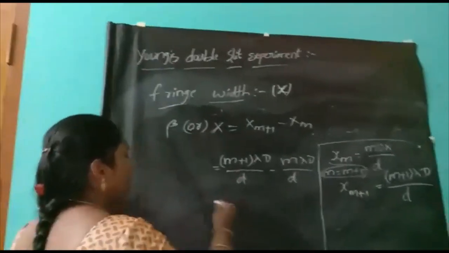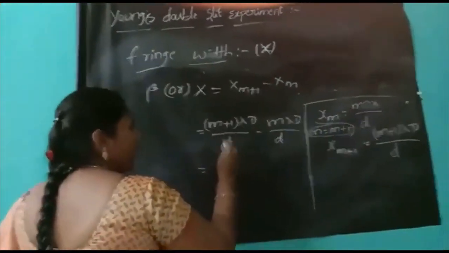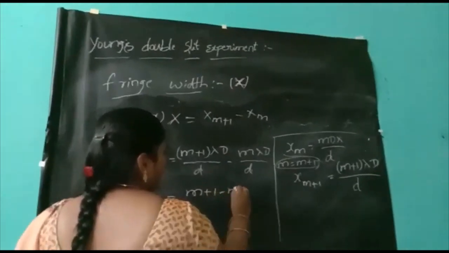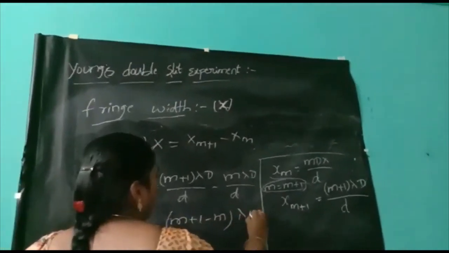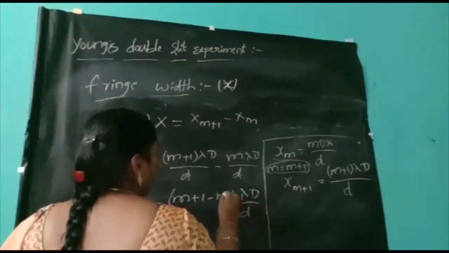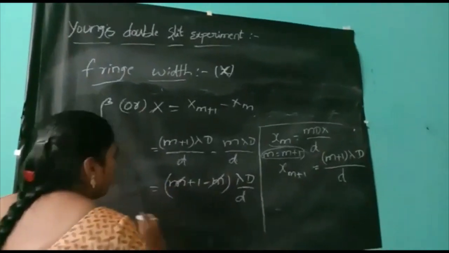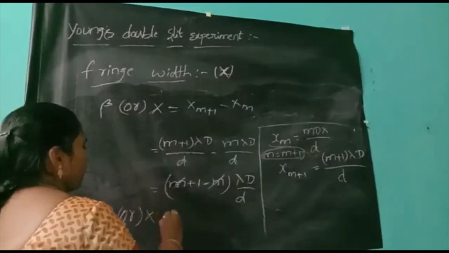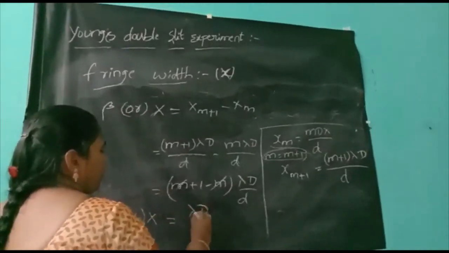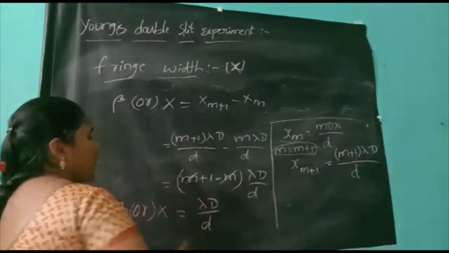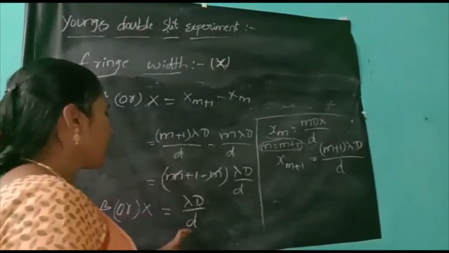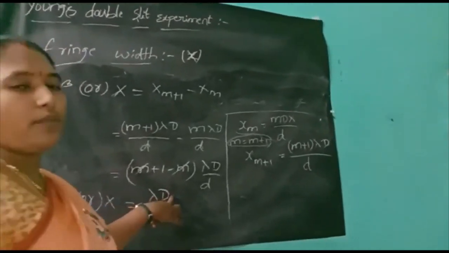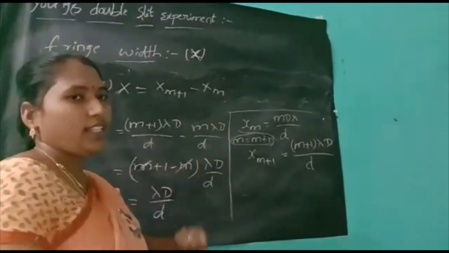Now we take lambda D by d common: m plus 1 minus m into lambda D by d. Here these terms are cancelled. Beta or fringe width is equal to lambda D by d. Lambda is the wavelength of the source, d is the distance between the slits, capital D is the distance between the two slits and the screen.